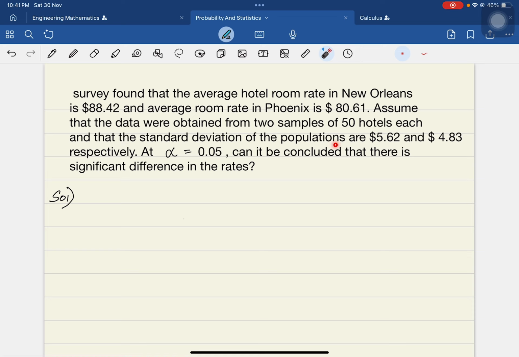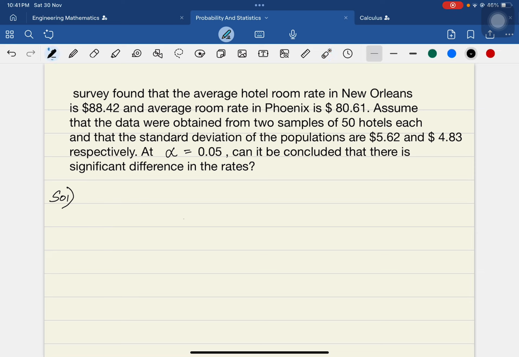The standard deviations of the populations, sigma 1 and sigma 2, are given. At alpha equal to 0.05, that means 95% confidence, can we conclude that the difference in the rates is significant or not?